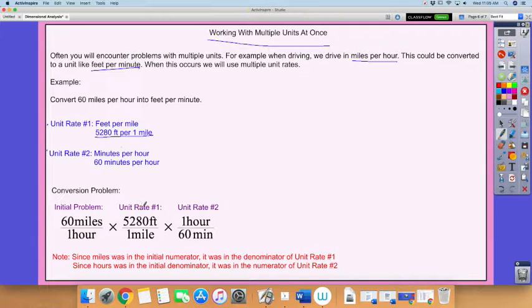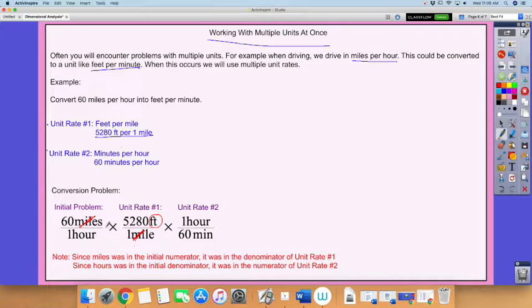So when I use my first unit rate, my miles also needs to be in the denominator here. That way they cancel each other out. And that's going to leave me with my feet. So that means when I write my unit rate, we're going to write it as 5,280 feet per 1 mile. And I've double checked, miles is on top, miles is on bottom.